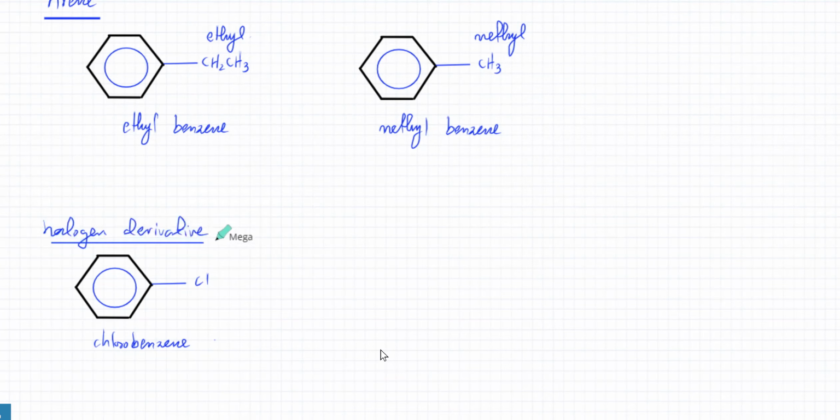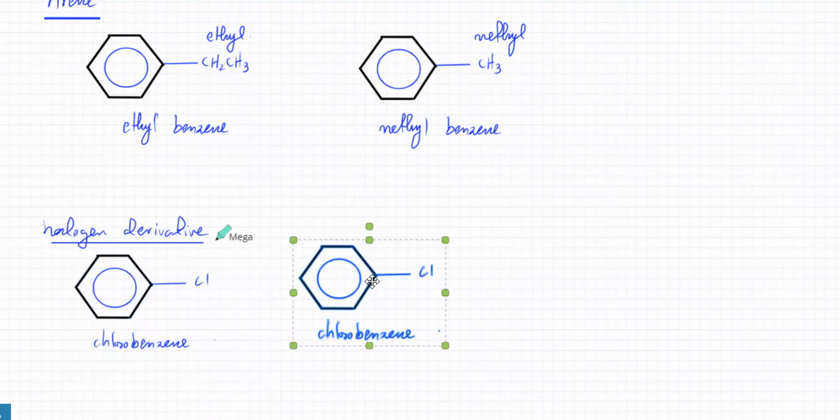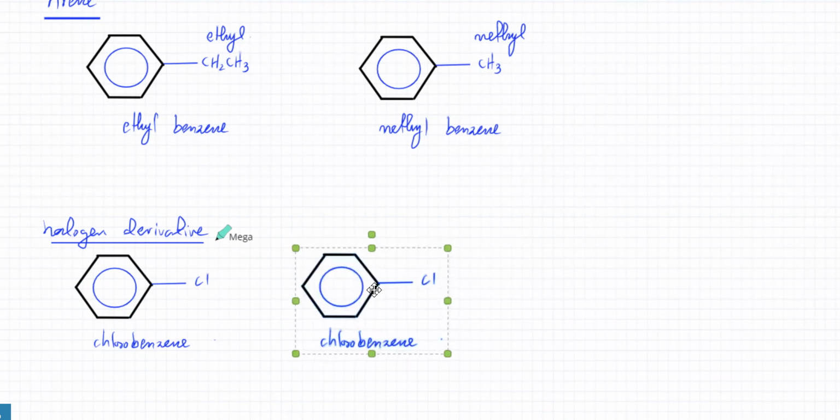Sometimes they do some numbering as well, but even the numbering usually doesn't really work with benzenes a lot of times because it's a cyclic compound. Maybe there might be 2 Cls attached. What you do is you take the shortest distance.